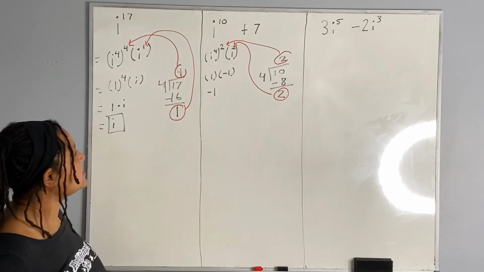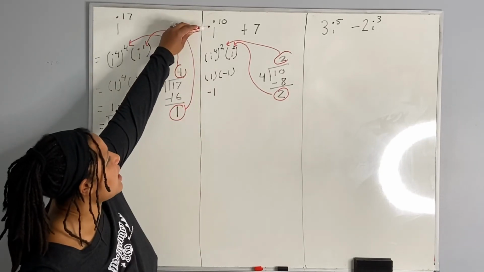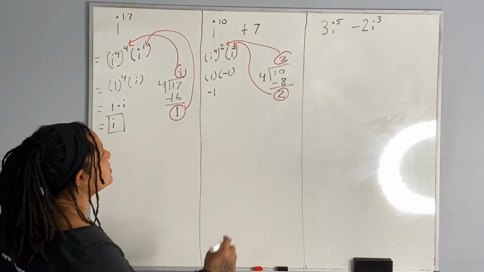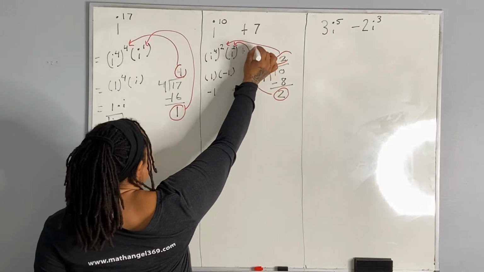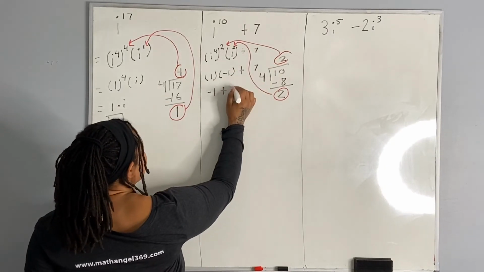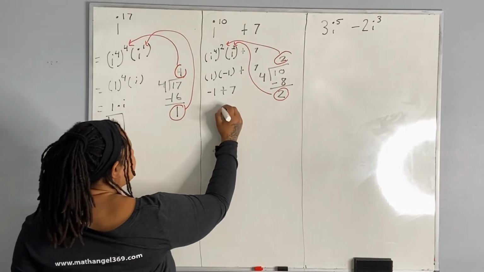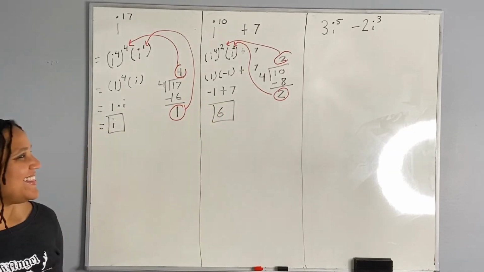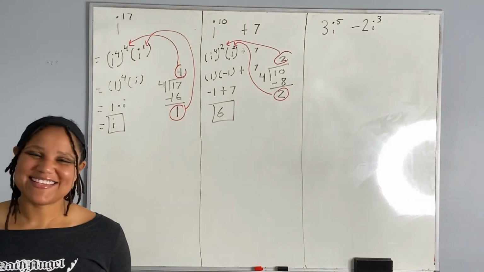Now, all I did was rewrite i to the 10th, but we also have plus 7, right? So we need to be adding plus 7 to all of this, right? So -1 plus 7 is 6. Okay? And that is how you do the second problem.